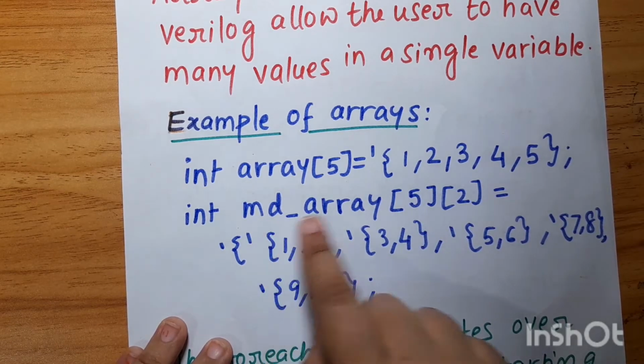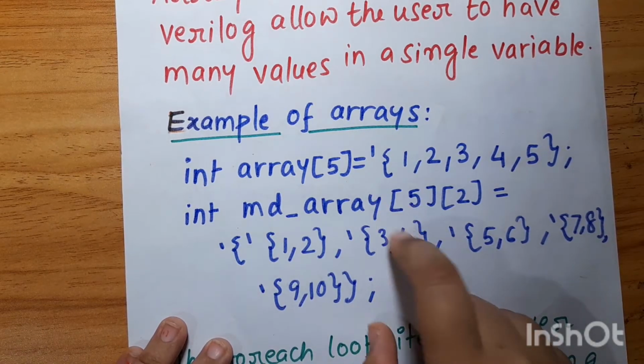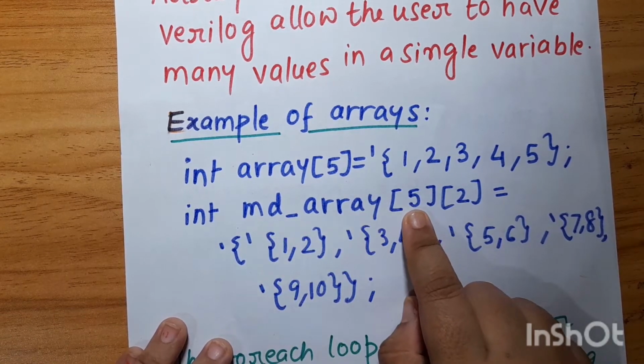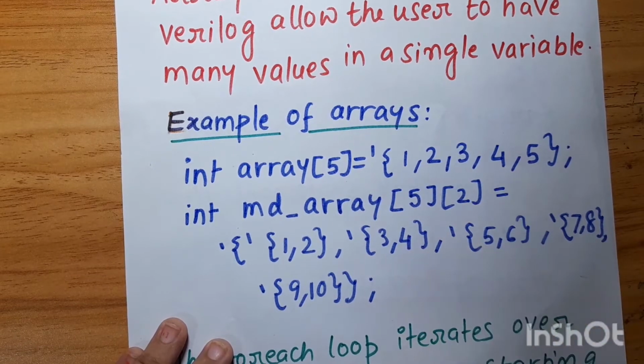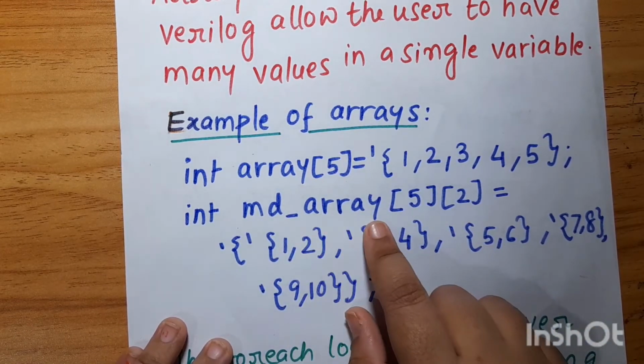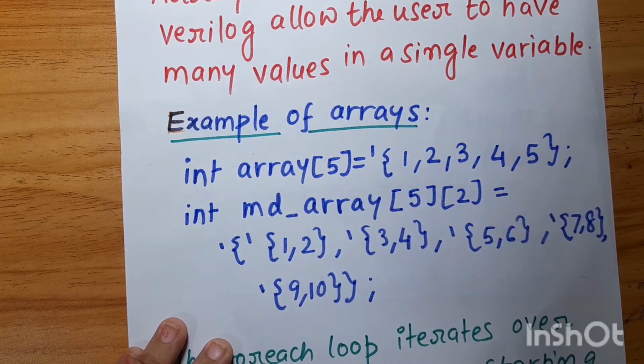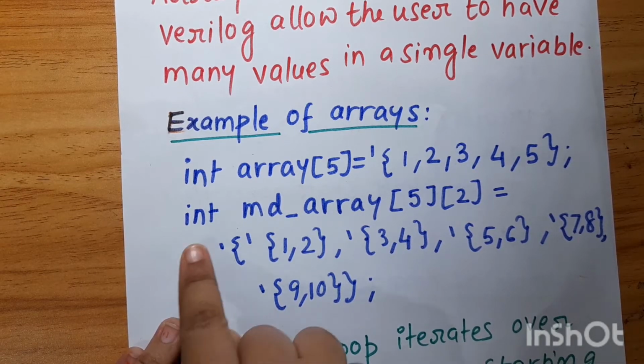That means md_array[0][0]. In md_array index 0, I will have two data, 0 and 1. In md_array 1 location, again I will have data 0 and 1. So you see, there are actually 5 locations and each location will have two sets of data, respectively 2 individual data. And all the data would be stored of type int.